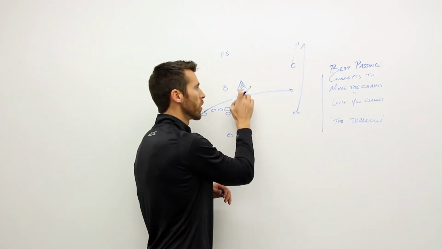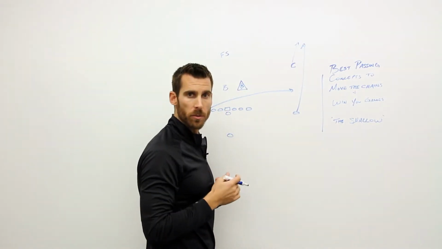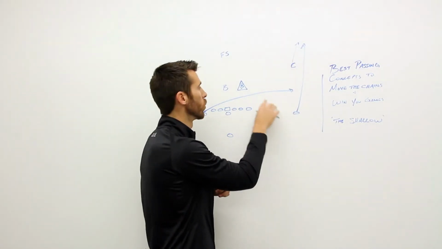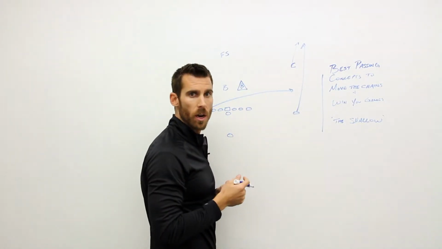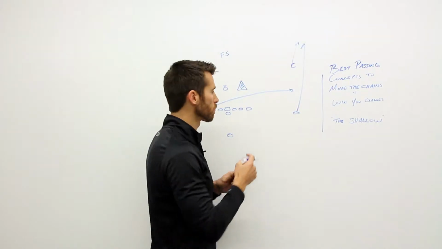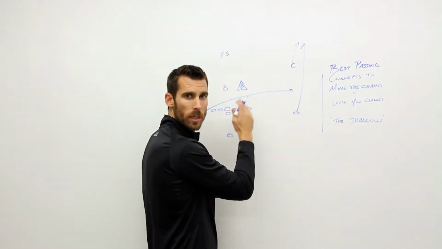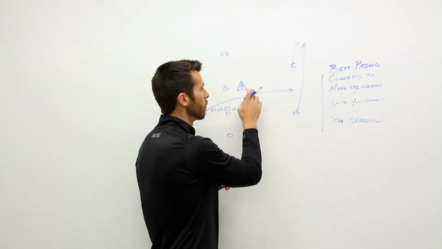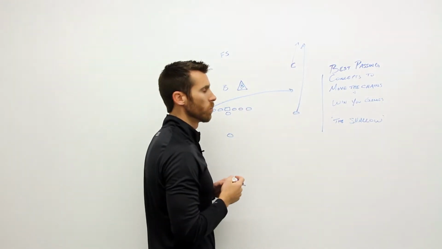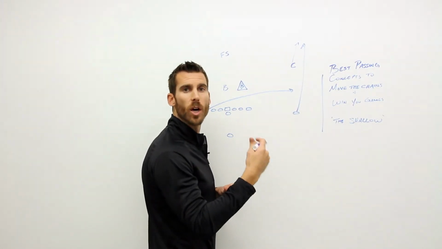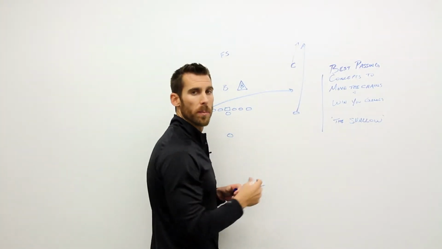Now, we want to read number two, the number two defender. And you can do this with a tight end in here, or you can flex him out and create more space. It's up to you based on your identity and what you're trying to accomplish. We're going to read number two here, and we're going to stress him laterally with a cross stress. So if we're going to pull him out with this shallow route driving out to the flat, then we need something that sits on the inside of him, and we're going to do it with number two.